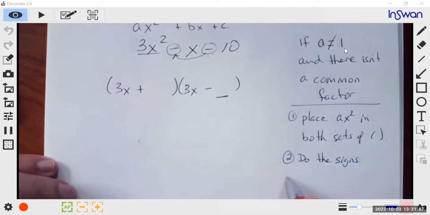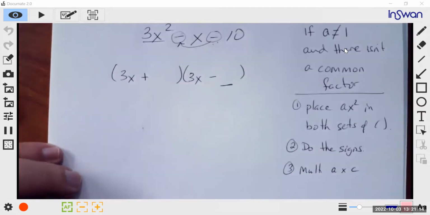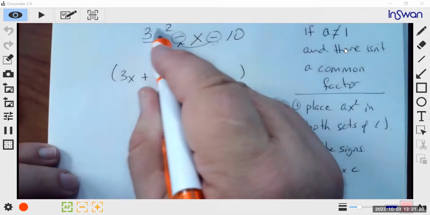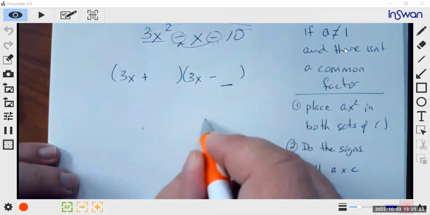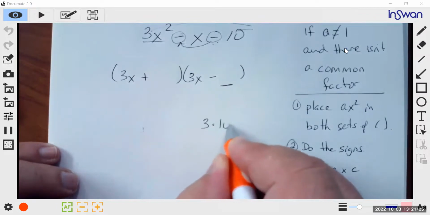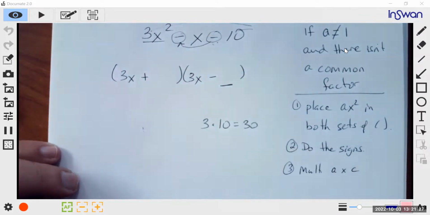All right, now, third step. Multiply A times C. So we have 3 times 10 is 30.